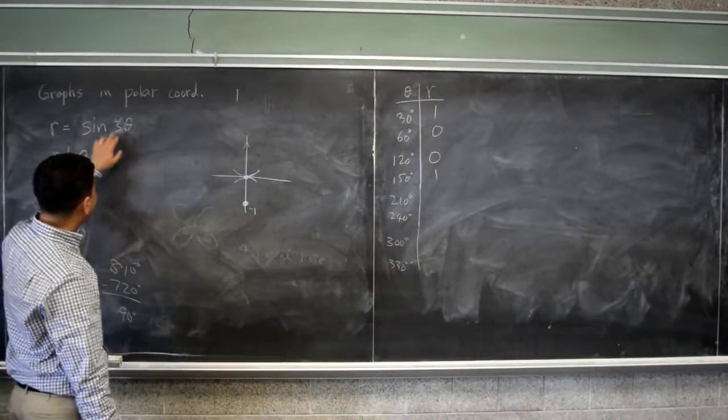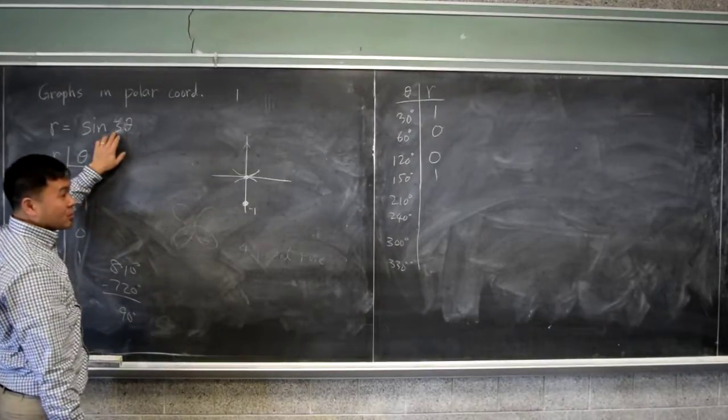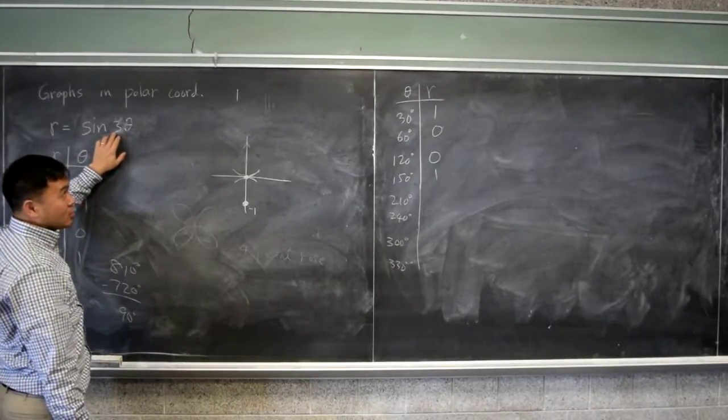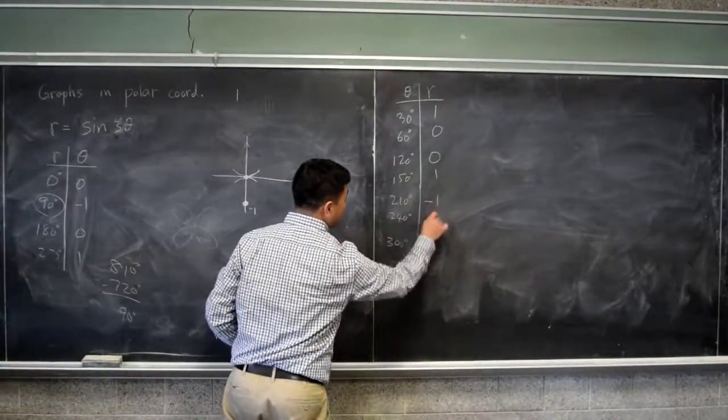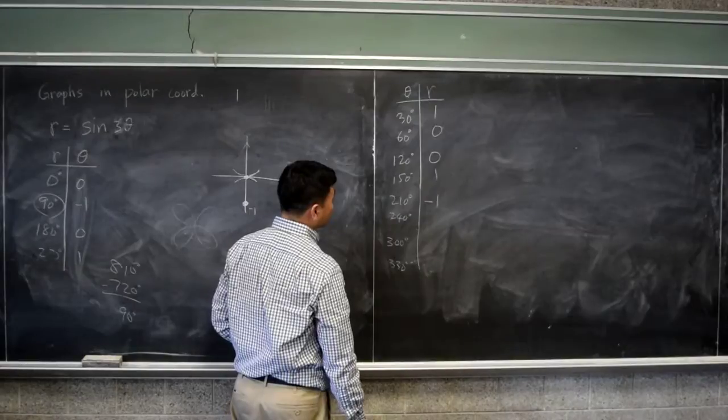And then 210 times 3 is 630, which is negative 90 degrees, so it's negative 1.